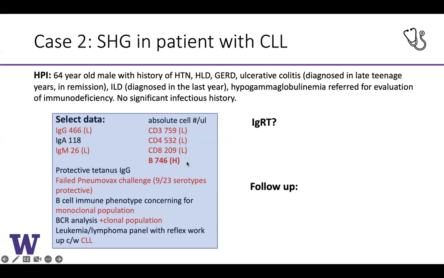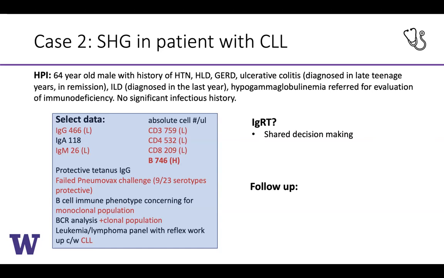So he had elevated B cells. B-cell immune phenotype indicated high likelihood of a monoclonal population, which was confirmed later on. This patient had protective titers to tetanus vaccine, but he failed Pneumovax vaccine. And so following our flow chart in these guidelines, he falls into the shared decision-making category.